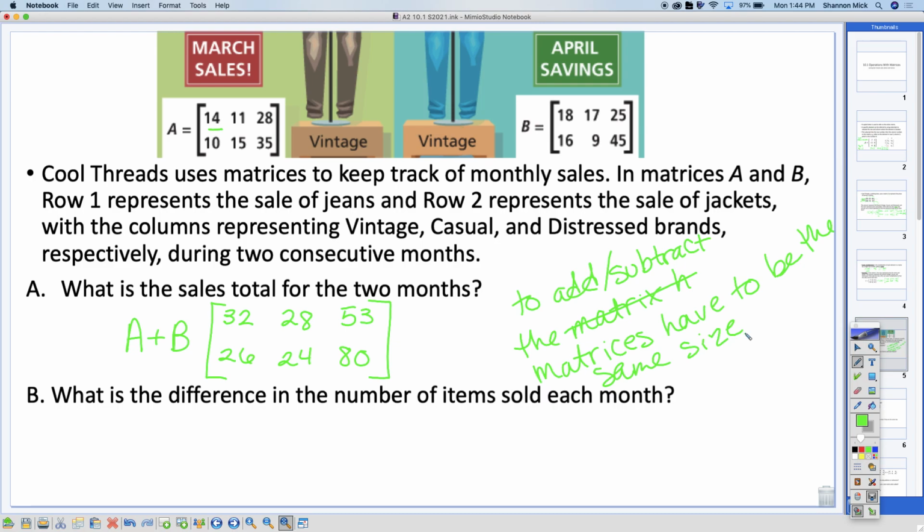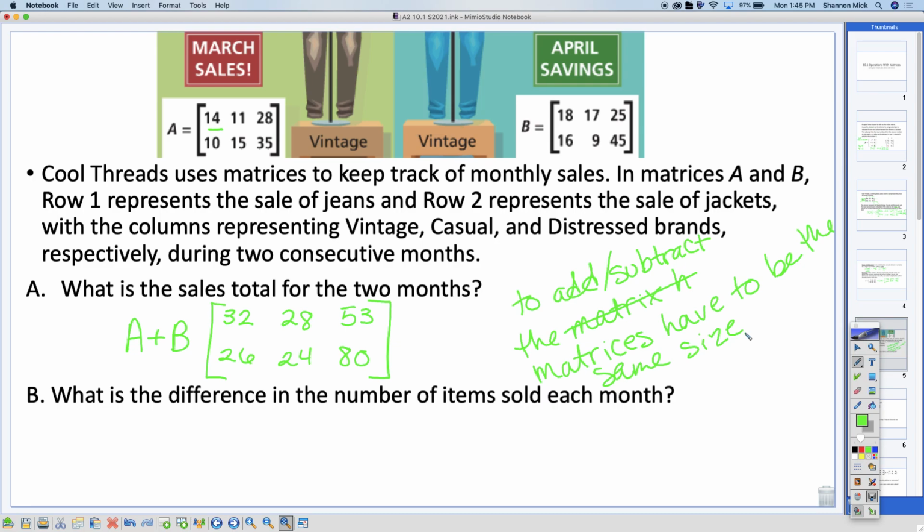Okay, so this one says, what is the difference in the numbers of items sold each month? So what am I going to do now? No, they want each thing.